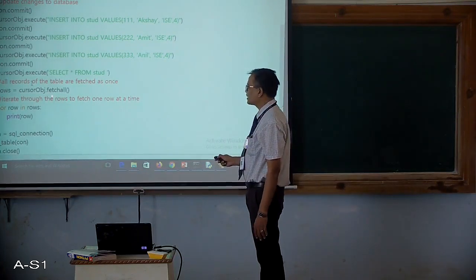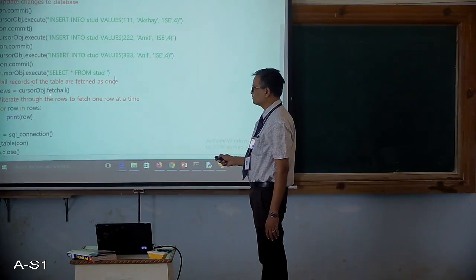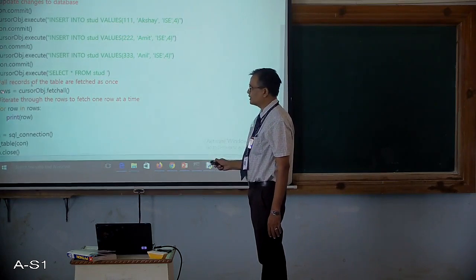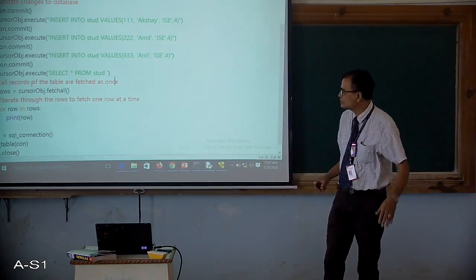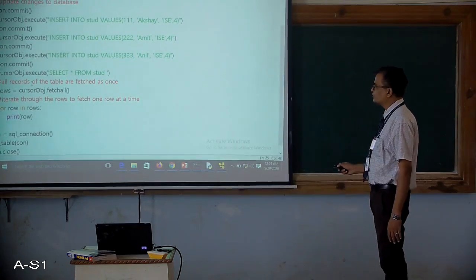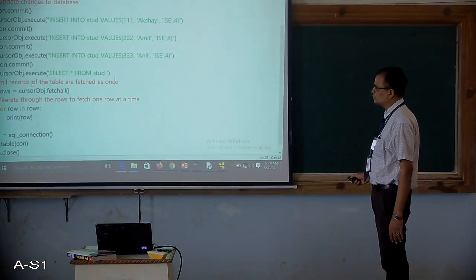You will have to use the fetchall command for a cursor object. Okay, and that is available in rows. In rows we will be having all the set of records that are obtained from this select star from student.